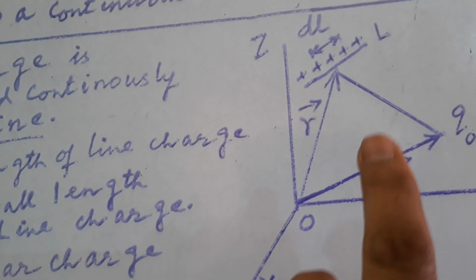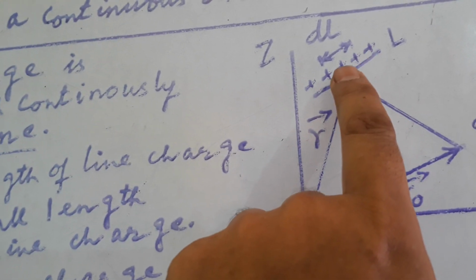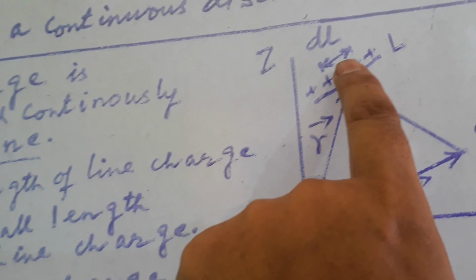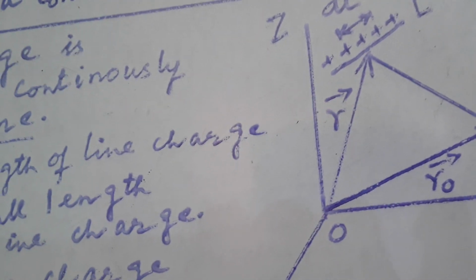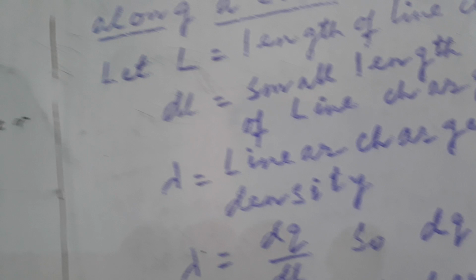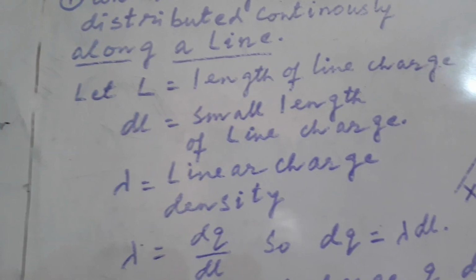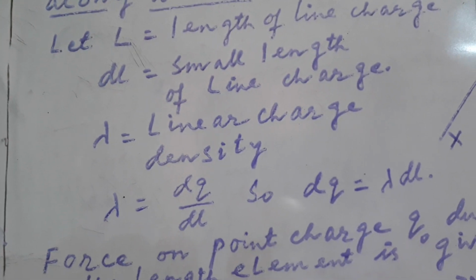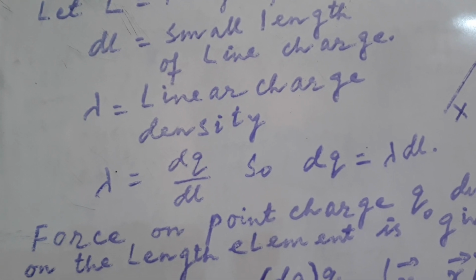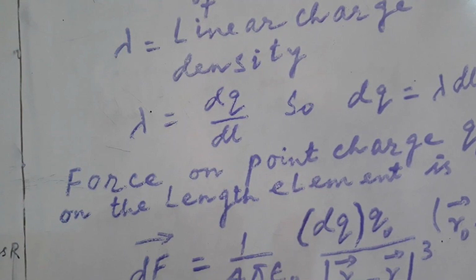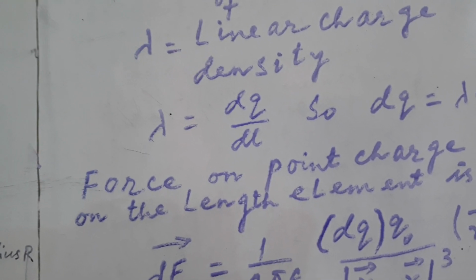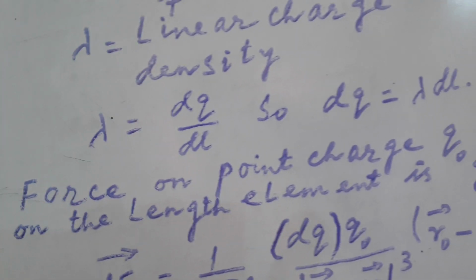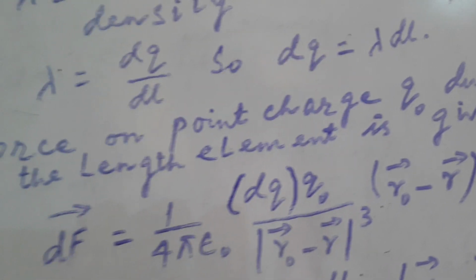Now first of all we consider a small element of line charge having length dl and charge dq. So we can write, if lambda is the linear charge density, then lambda equal to charge per unit length of the element, that is dq by dl. So dq equal to lambda dl.